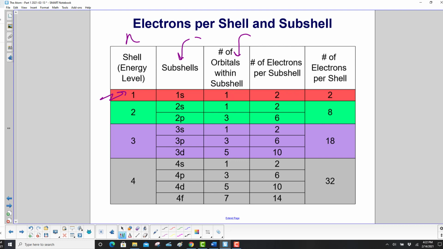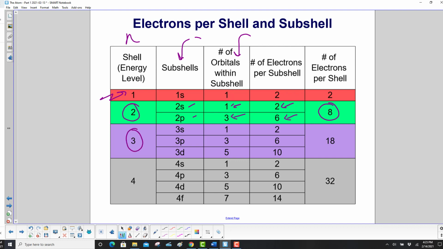So we have a total of 2 electrons for the n equals 1 shell. Then n equals 2, we have a 2s and a 2p. The s again just has one orbital, 2 electrons. The p subshell has 3 orbitals, and that was that picture we showed on the previous slides. And each orbital gets 2 electrons. So we have 6, total of 8 per shell.